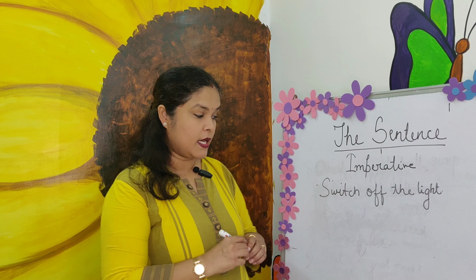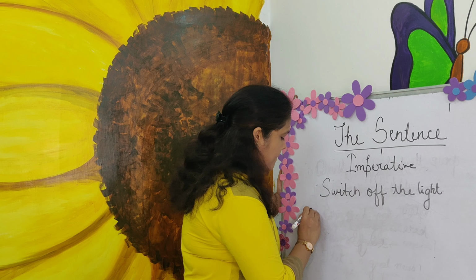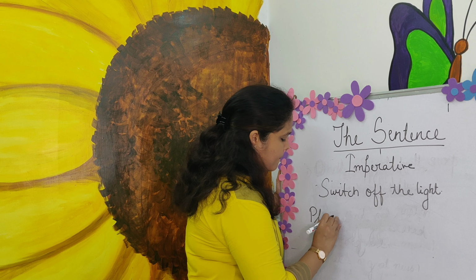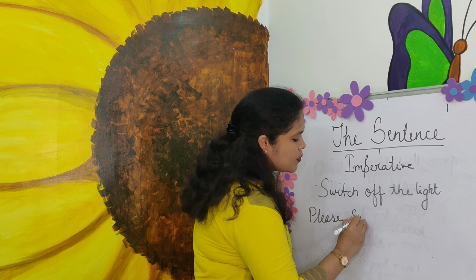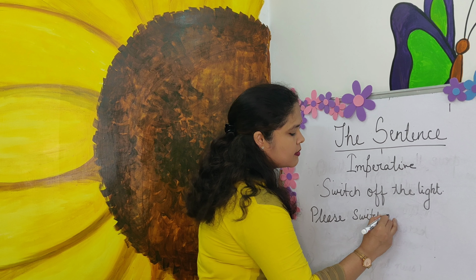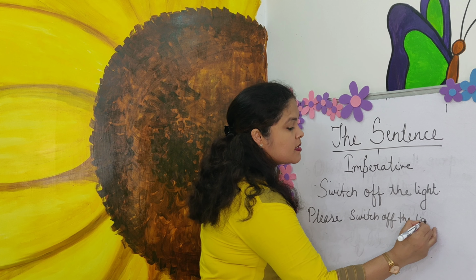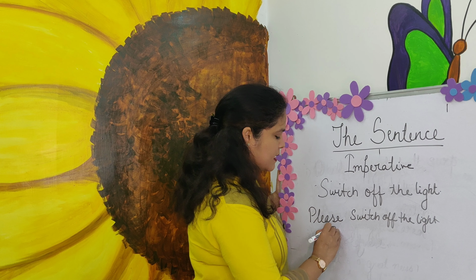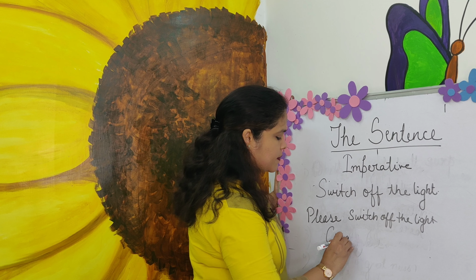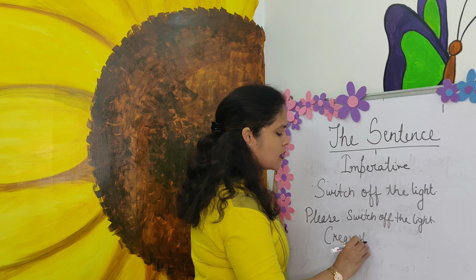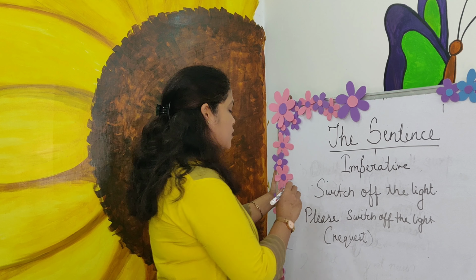It's an order, okay? If I tell you, please switch off the light, what is this? With please you can understand this is a form of request being made to you.